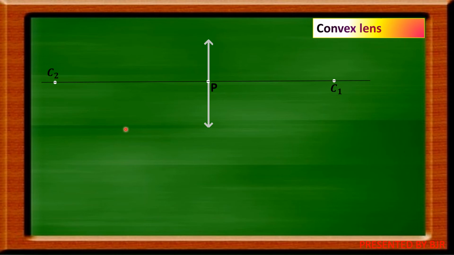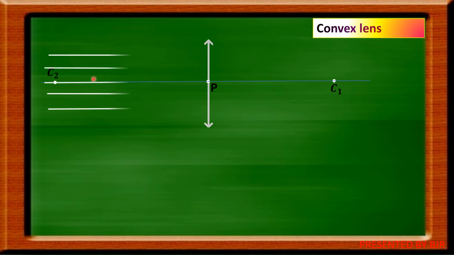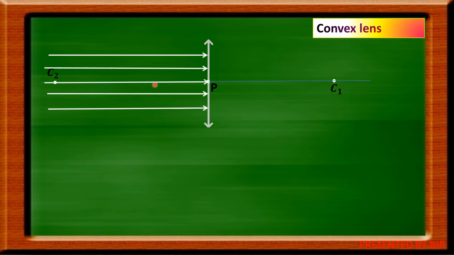In order to locate the focal point, we have to take a beam of parallel light. Suppose here some parallel rays are traveling from left to right and falling on the lens. These are the parallel rays which are even parallel to the principal axis, traveling from left to right and falling on the lens.